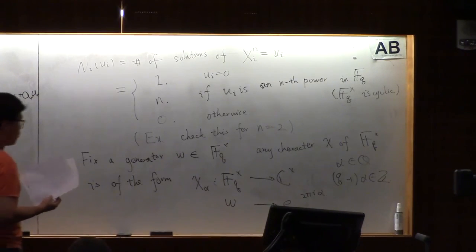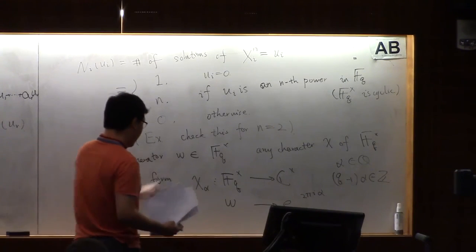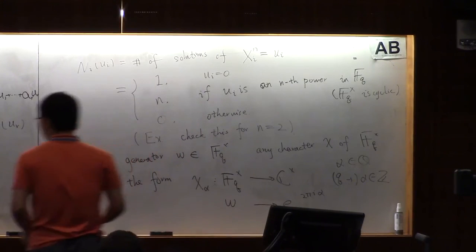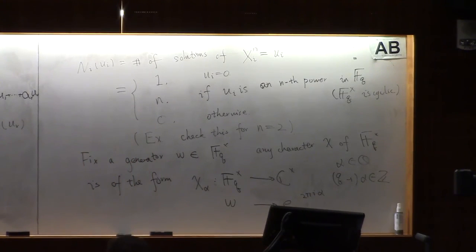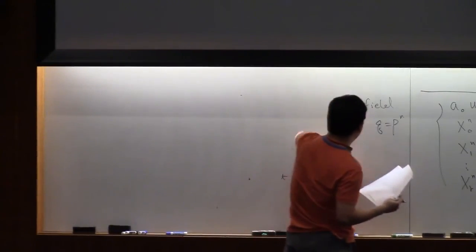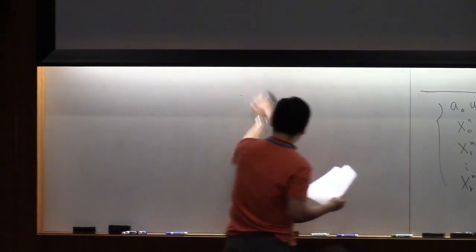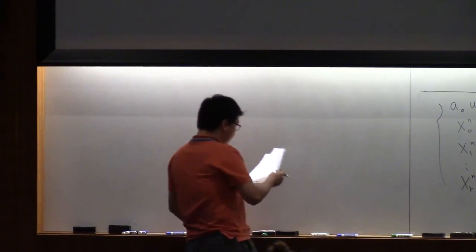But here, actually, we do not need to consider all the characters. We only consider those characters whose order is divisible by n.